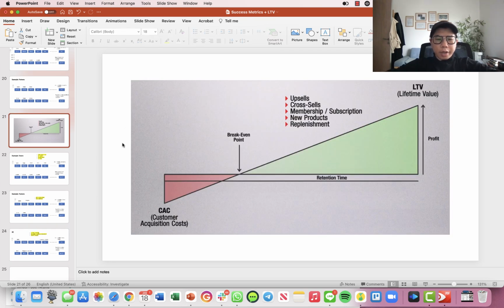So once you know your lifetime value of your customers, there are some cases where you lose some money upfront and you'll feel okay with it, because at the end you know that you'll make much more money across 1 year, 2 years, or 3 years.